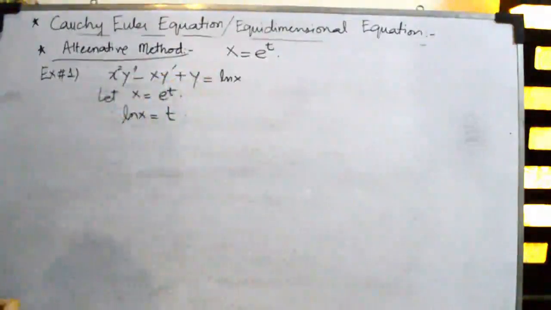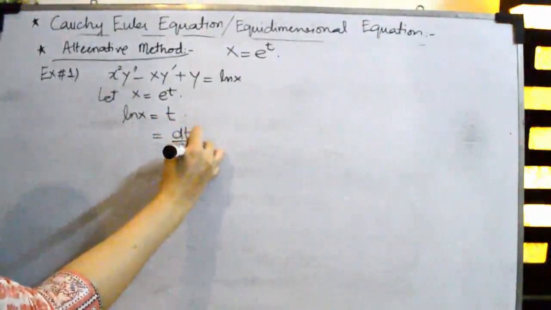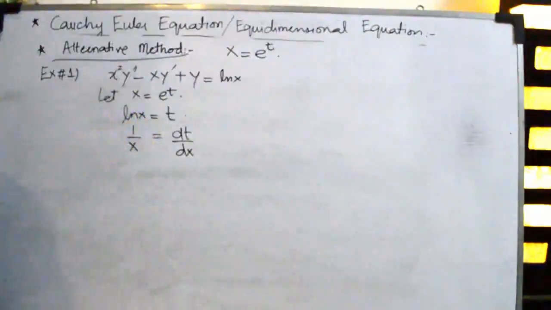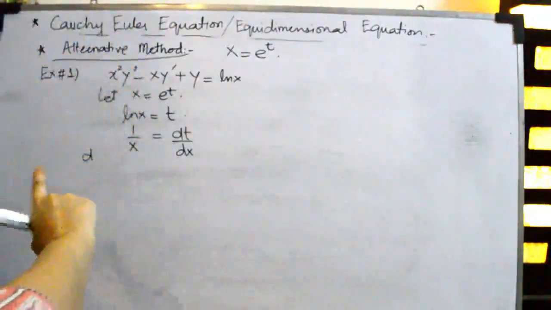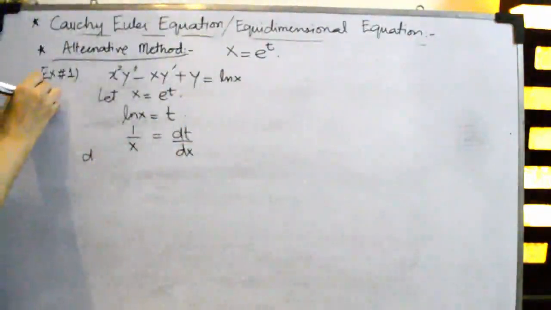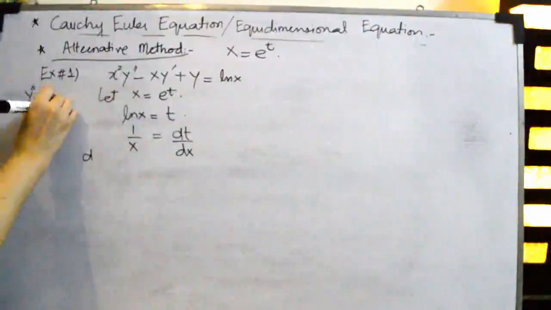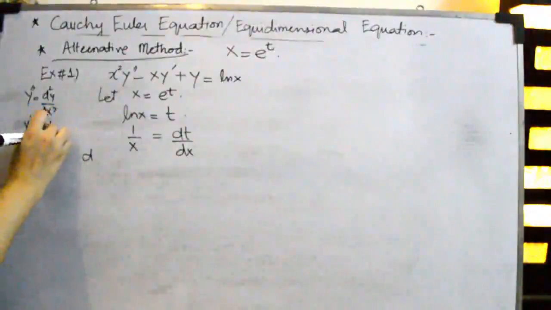If we differentiate with respect to x, dt by dx becomes 1 by x. Here y double dash is d2y by dx square, and y dash is dy by dx.